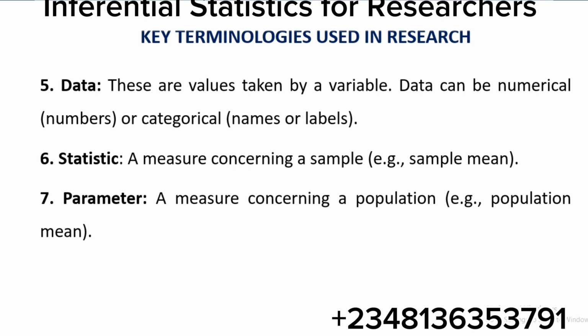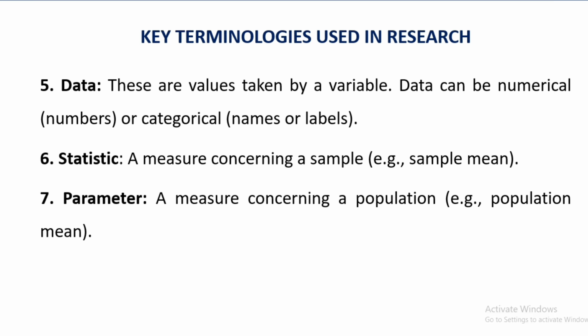The difference between a statistic and a parameter is that a statistic is a measure concerning a sample, while a parameter is a measure concerning a population. In other words, we can have population mean, that is a parameter. Population variance, that will be a parameter. Population standard deviation, that is a parameter, because it tells us information about population.